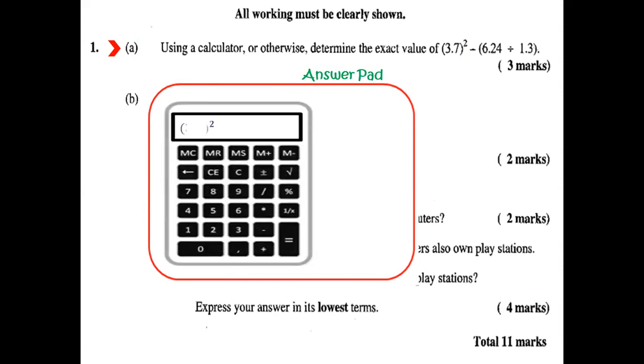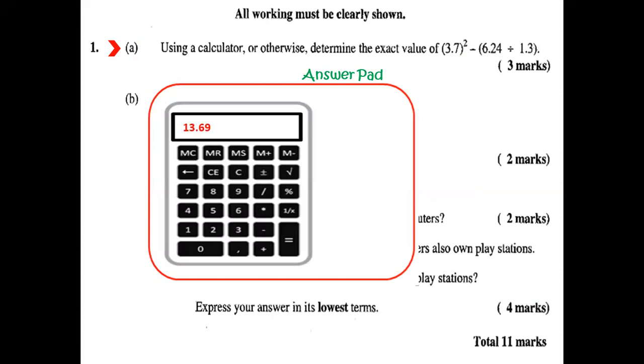Calculator, right? So it's 3.7 squared minus 6.24 divided by 1.3. All right, we have to be careful here not to be working out anything across that minus sign there, unless they're taken care of. So the 3.7 must be squared, right?